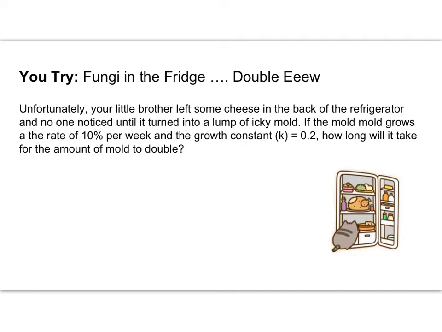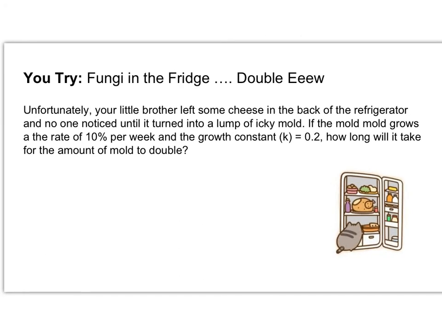Okay, so you might say that you never told me how much to start with and how much double is. Well, it really doesn't matter what value you start with, so it's probably easier to start with 1 whenever I have a doubling or a half-life problem, or tripling. Whatever I start with and end with, the ratio is going to be 1 to 2.